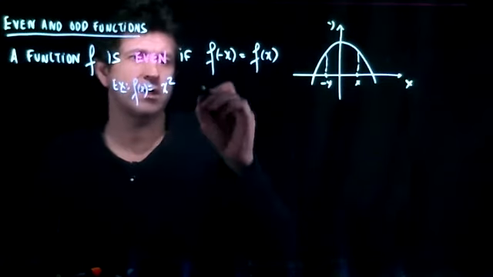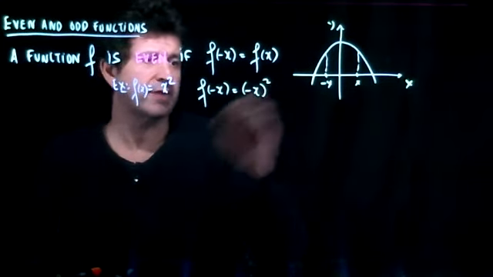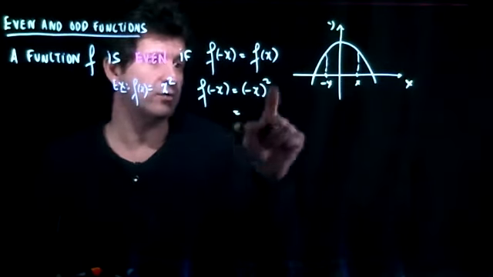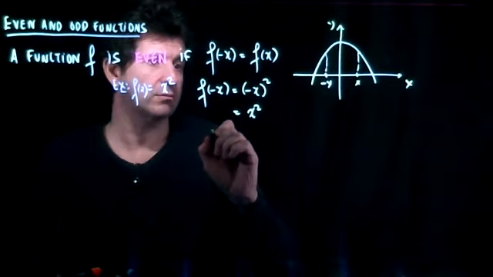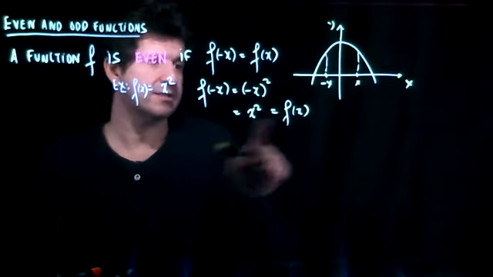F of negative x is equal to negative x squared, which, when squared, the negative cancels, so it's x squared, and that is equal to f of x.